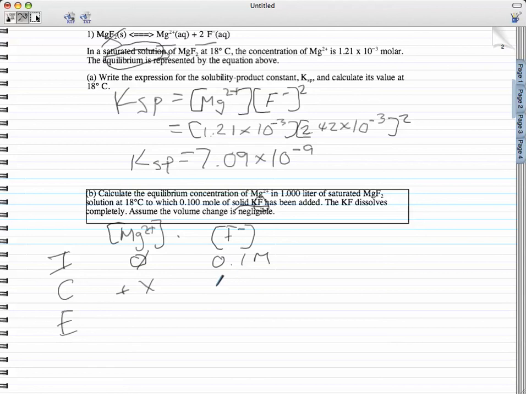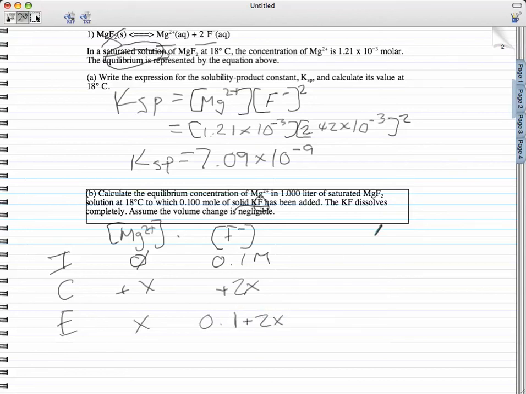So again, coefficient. For each one of these we're going to get 2 F minuses. So this is going to be plus 2X. And so at equilibrium we're going to have X, and we're going to have 0.1 plus 2X.